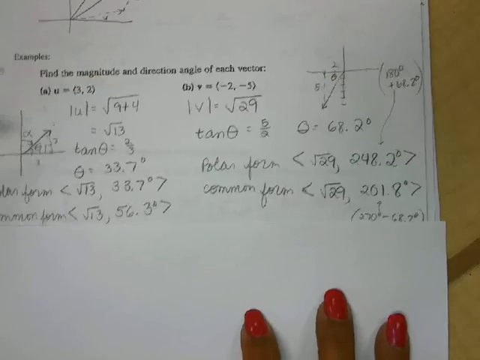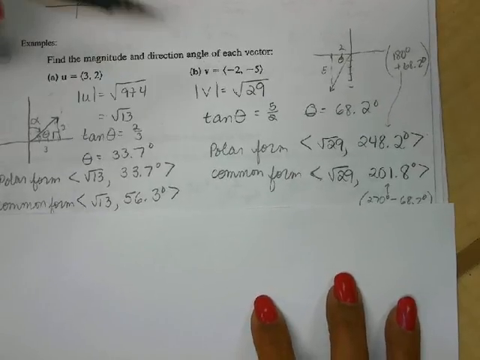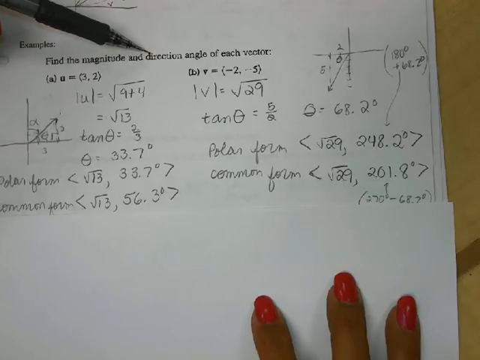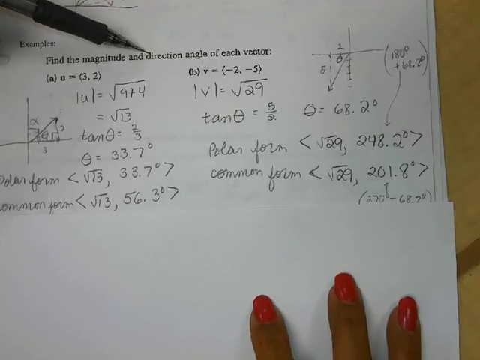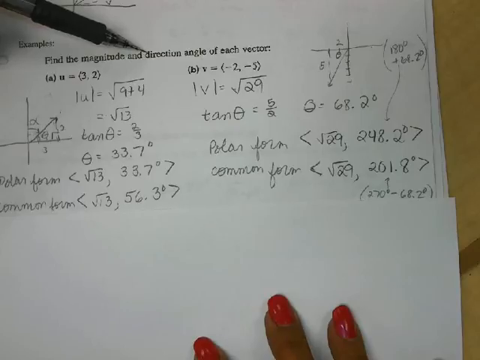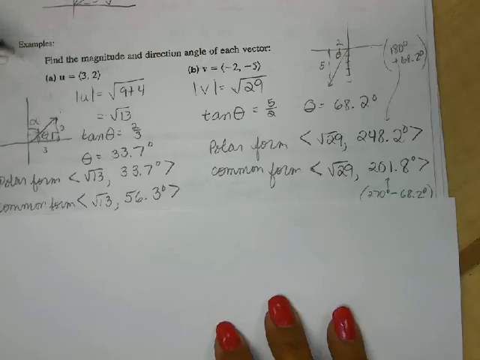Now, if I asked you to give me the magnitude and direction, I would probably say something a little more about the direction if this were on a test or a quiz. I would ask you to give me the direction in terms of a standard position angle or as a bearing. If I asked you to give the angle as a standard position angle, we would want this angle theta, which is 33.7 degrees from the positive x-axis.